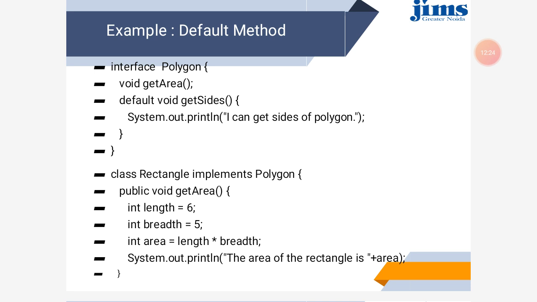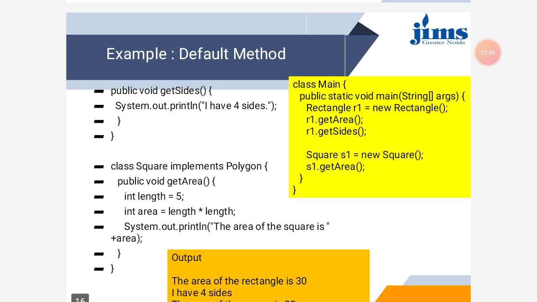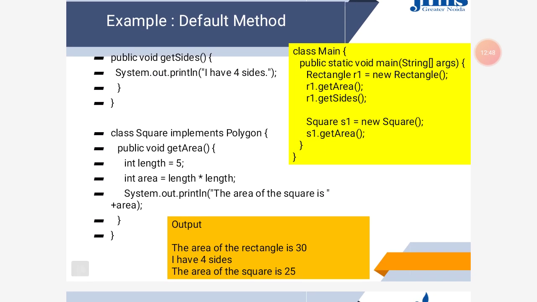Now there is one class Rectangle that is implementing the Polygon interface, so it is the responsibility of the Rectangle class to give a definition to the abstract method getArea, and that is mentioned here. And in getSides, that has its own definition.